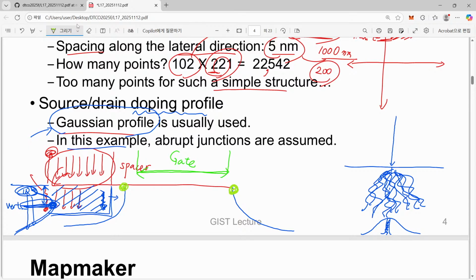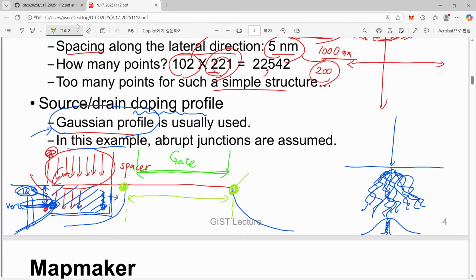Up to this point we can have so many electrons, and up to this point we have so many electrons, and only the part underneath the gate, and at the same time without much n-type dopant, can be regarded as the channel region.